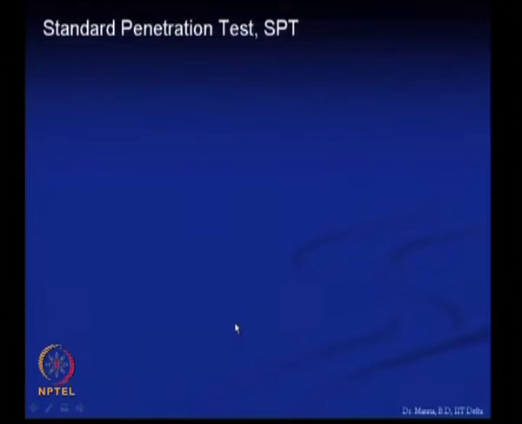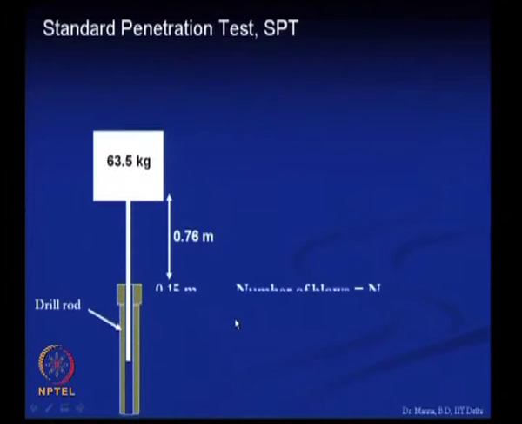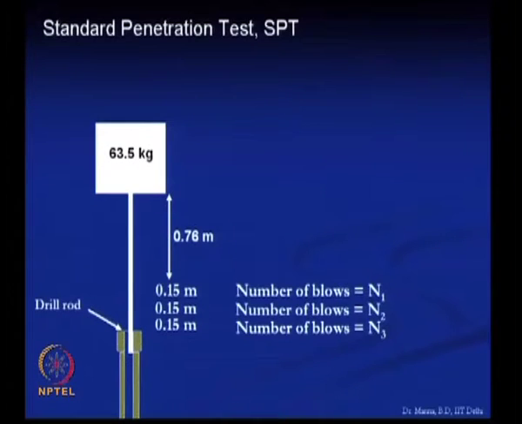So, if I go for the penetration value, we can see that the hammer is driven and the soil sampler is penetrated 150 millimeter, 150 millimeter, 150 millimeter in 3 stages, with a free fall of 76 millimeter, and each time the number of blows is counted, that is N1, N2 and N3.